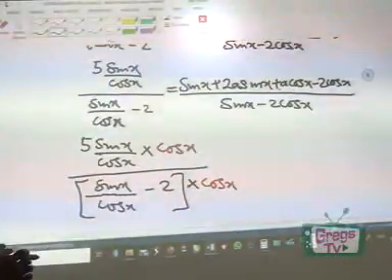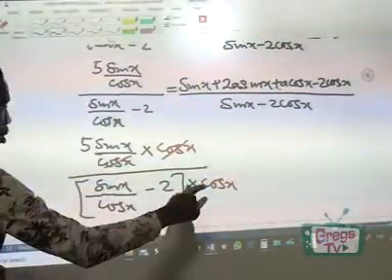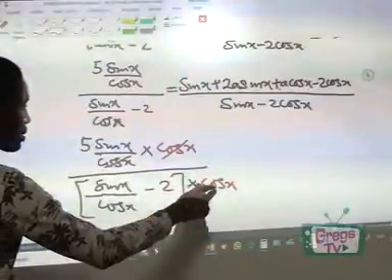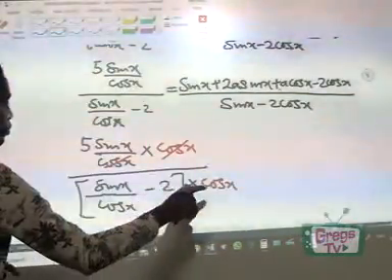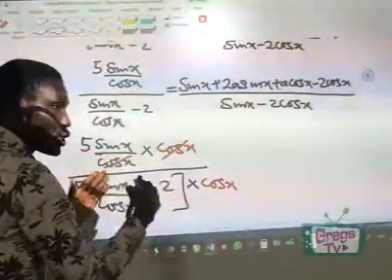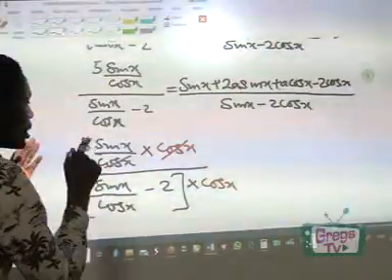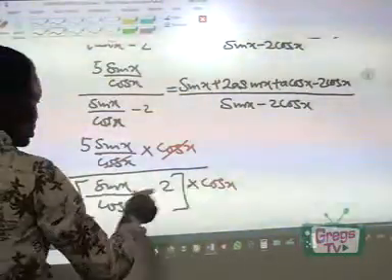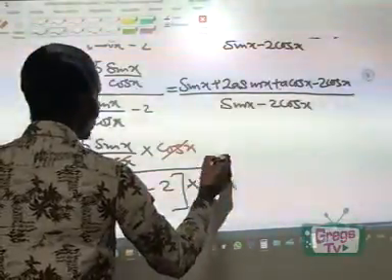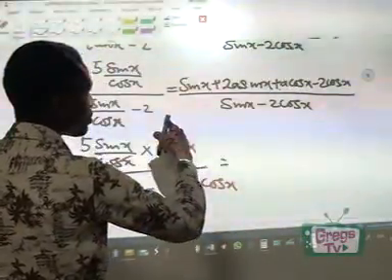So what this will do for me is that this will cancel this, and of course if I use this to multiply this, it will cancel out, and 2 times cos x will give me 2 cos x. Don't forget, if I'm using cos x to multiply the bracket, I must use it to multiply each number or each variable or value inside the brackets. So cos x here will cancel out. 2 times cos x will give you 2 cos x, and of course this will be equal to, can I collect like terms?